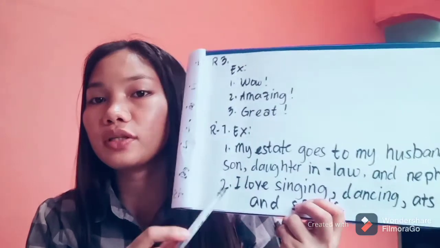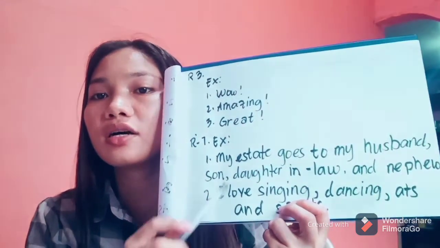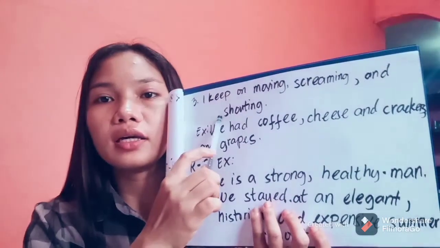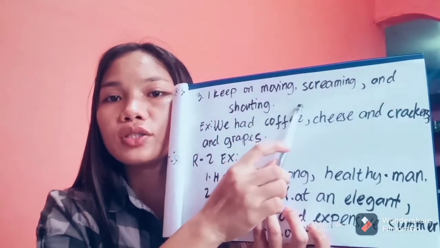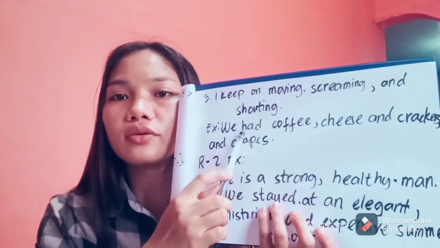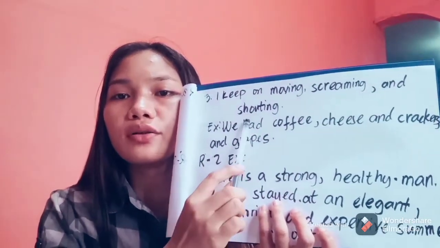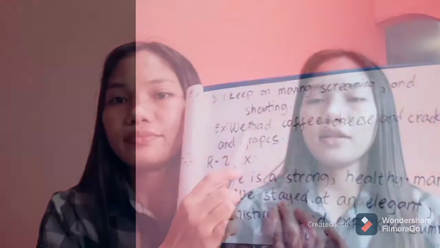I used commas to separate the activities. Another example: I keep on moving, screaming, and shouting. I used commas to separate the three activities. Another rule of commas.